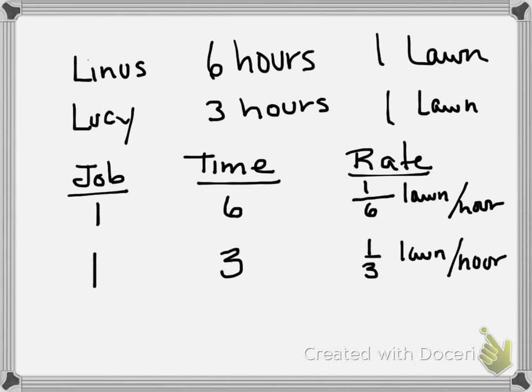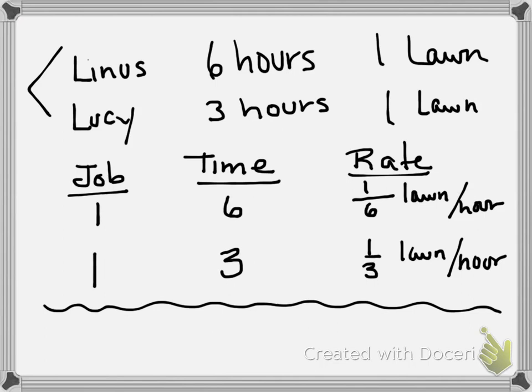I want to stop right here for a second before I go any farther. If I had asked you at the beginning, just to take a guess, how long does it take them to work together? Does 9 hours make sense? Does it take them longer to mow the lawn when they're working together than it does each of them separately?